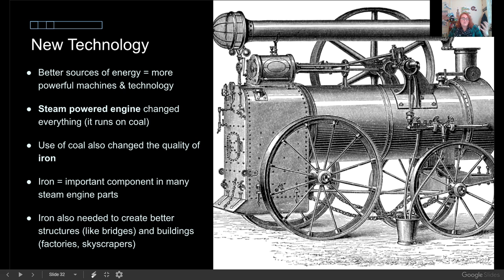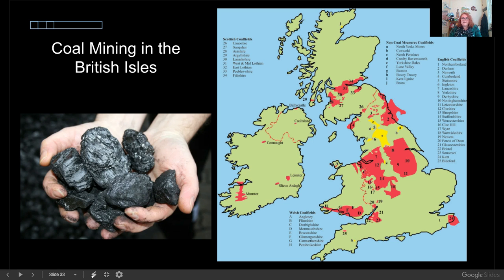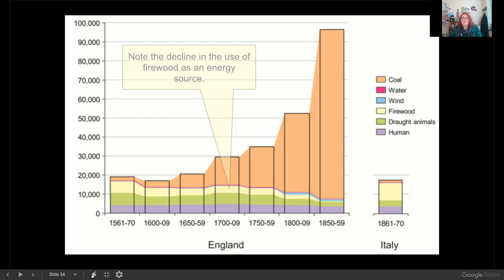If you live in an apartment or a townhouse, it's probably made out of some sort of iron or steel beams. Just saying. So, as I said, Britain was sitting pretty. You can tell here, these red and yellow dots, these were all of the coal fields that were found in Britain during this time.